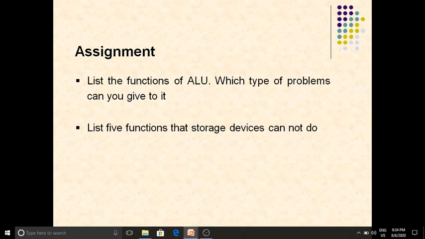Next, list five functions that storage devices cannot do. What are the five functions that storage devices cannot do? So students, take these as homework, go home, prepare these assignment questions, and tomorrow's class we will discuss them.